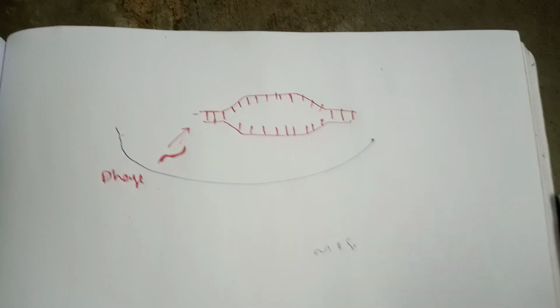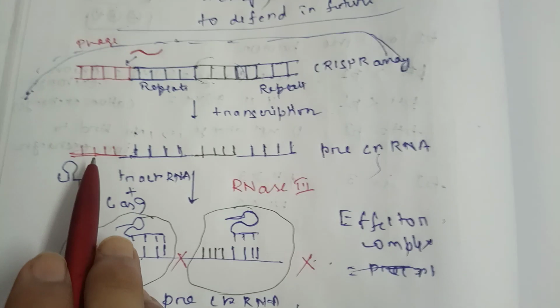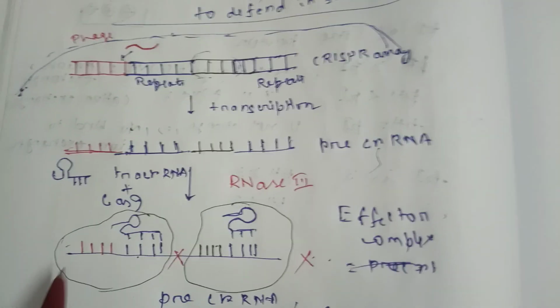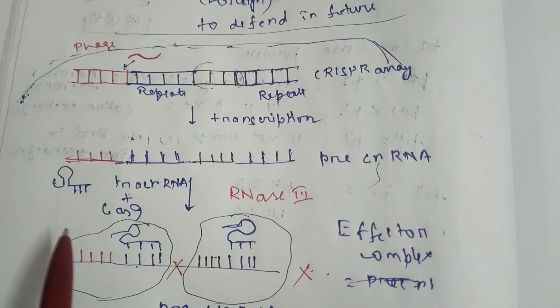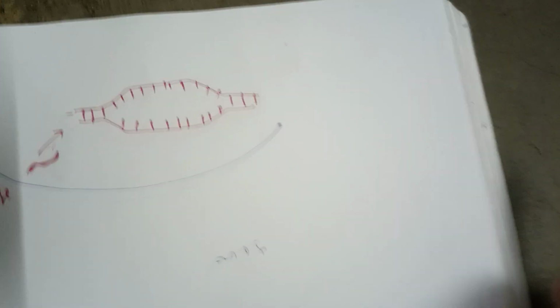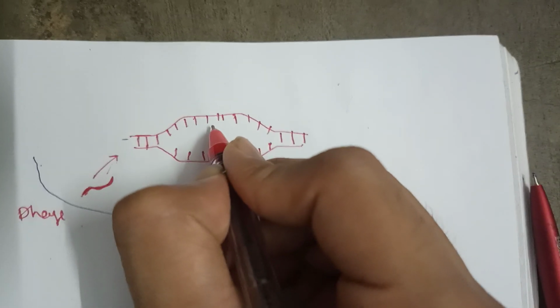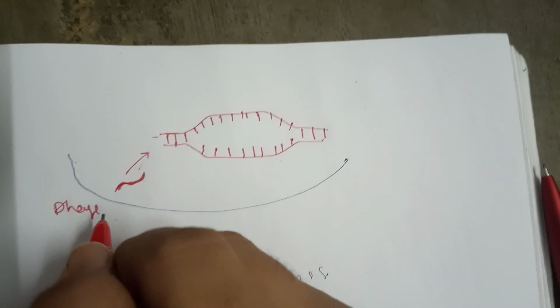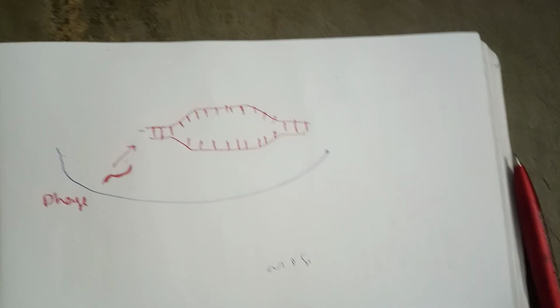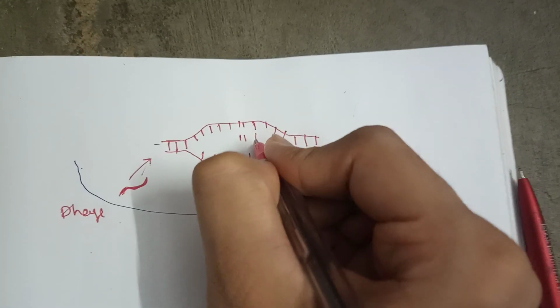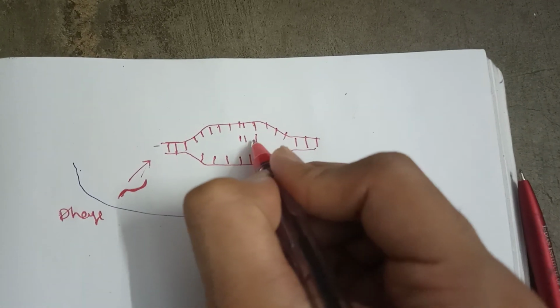Now the effector complex, remember, has this sequence, right? This is called the spacer, so it knows the same sequence and can recognize it, and it must be complementary to the new genome of this virus, right? So previously these are the spacer.